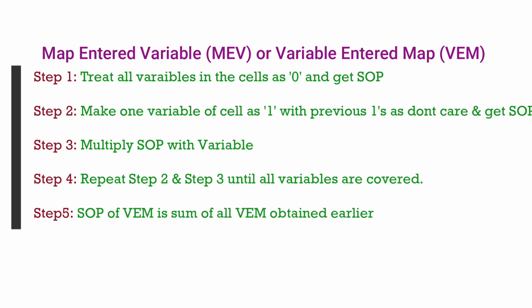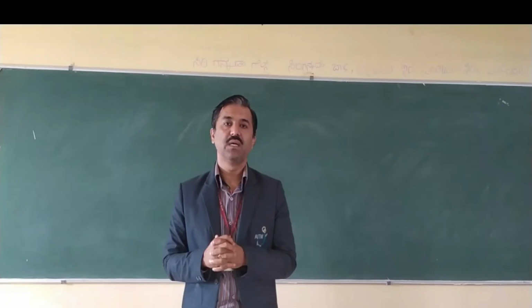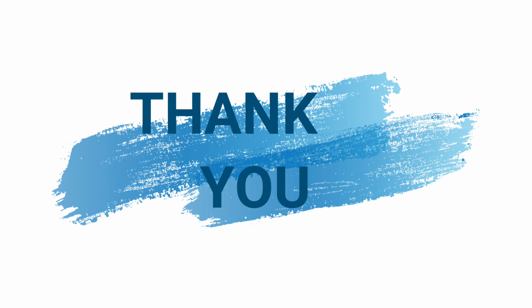Whatever SOPs we obtain by applying step 1, step 2, step 3 and repeating step 2 and step 3 until all the variables are covered, we sum them, and this is what we practice and follow in the map entered variable K-map.